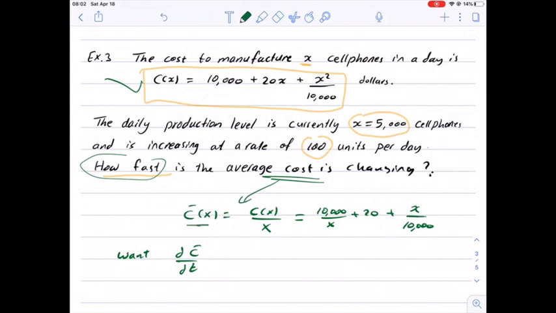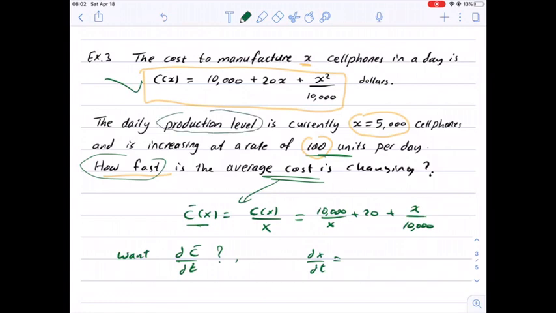But as we can see here, C bar depends on x. And when we differentiate x, we need to multiply by dx over dt. Now we are given that dx over dt is 100.